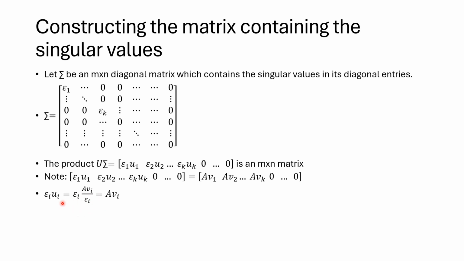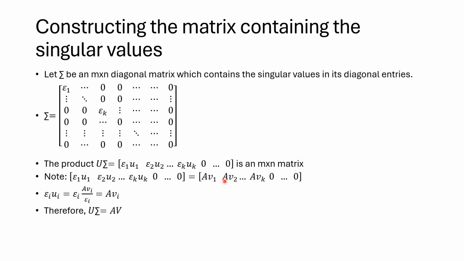So if we multiply the singular value with the vector u, we know that u was just the vector Av divided by the singular value, and multiplying that with the singular value just ends up with the vector Avi. So this is just equal to this, which is why the columns here are equal to the columns here.